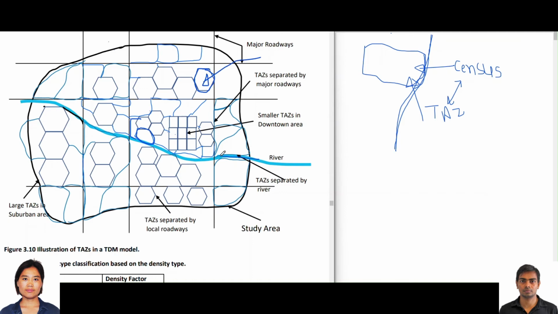Then there are natural boundaries like this river, and major roadways. Major roadways most likely constitute the boundary of the TAZs, and minor roadways most of the time also constitute the boundary of TAZs, but not always, whereas major roadways almost always constitute the boundary of TAZs.